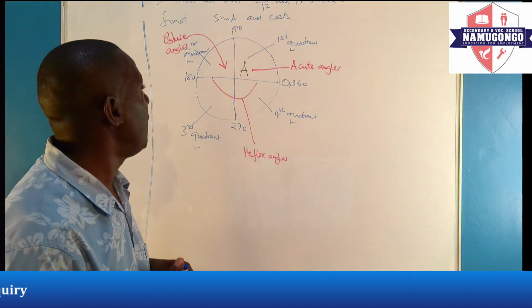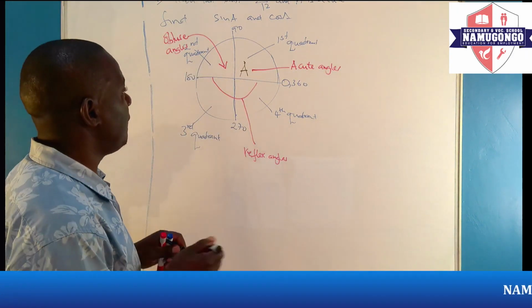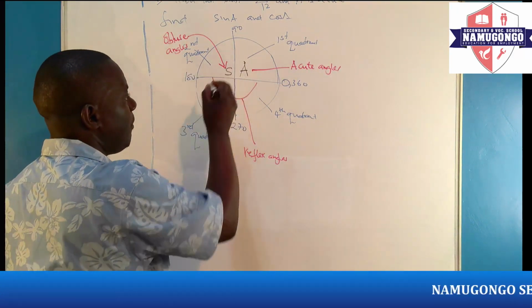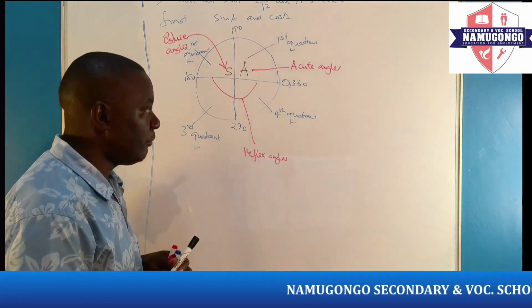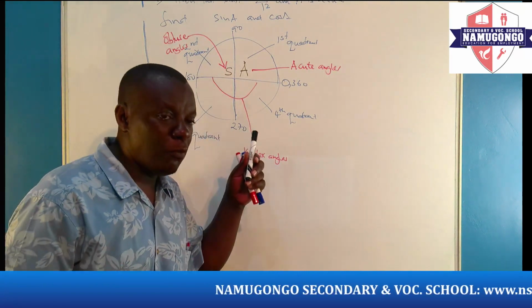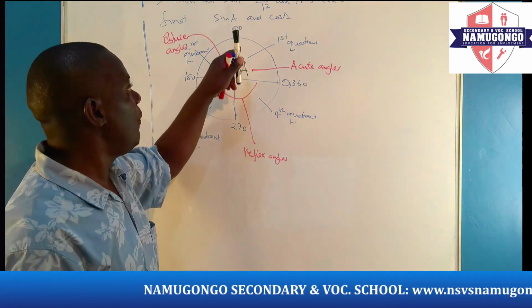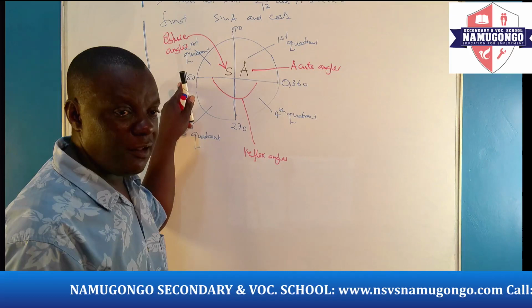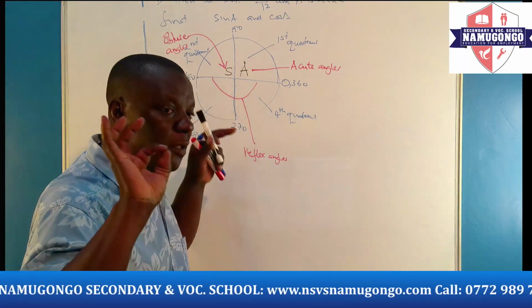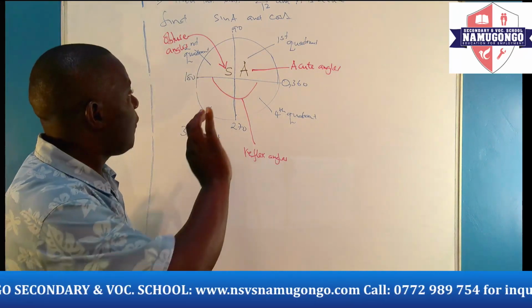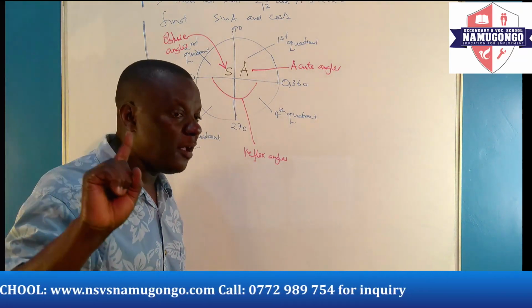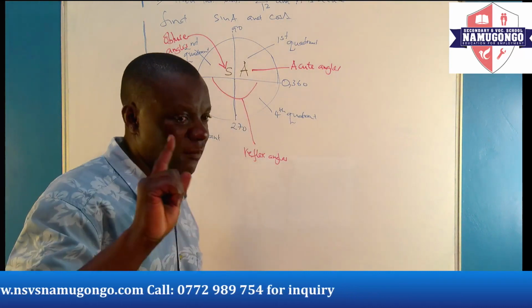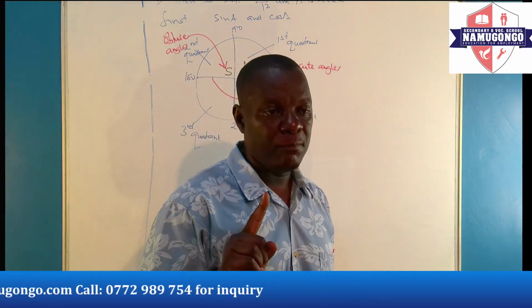Now, in the second quadrant, sines are positive. If you look for the sine of an angle between 90 and 180, that sine is going to be positive. The cosine will be negative. The tangent will be negative. So we take what is only positive.